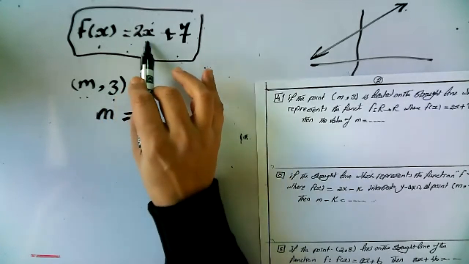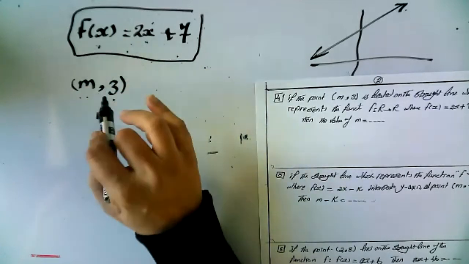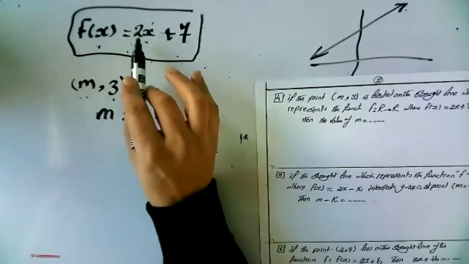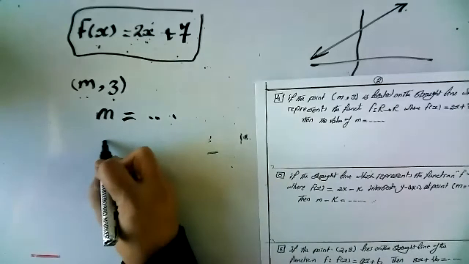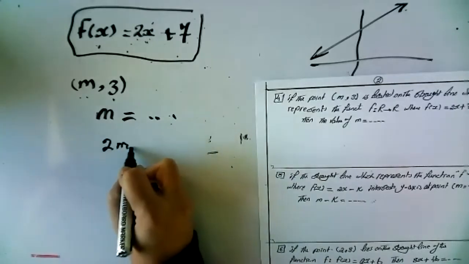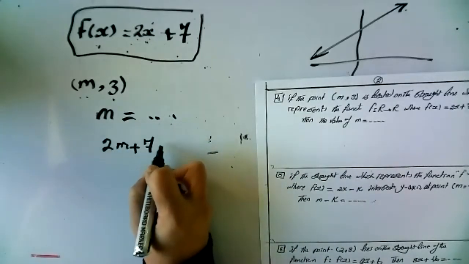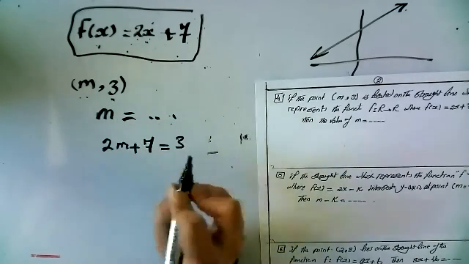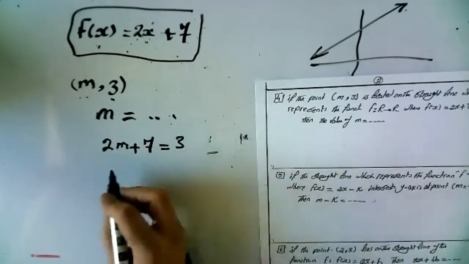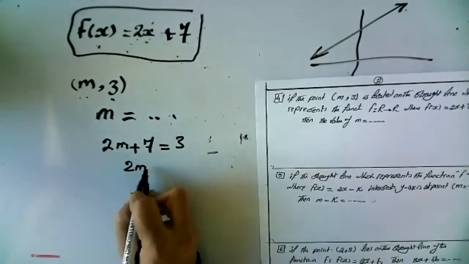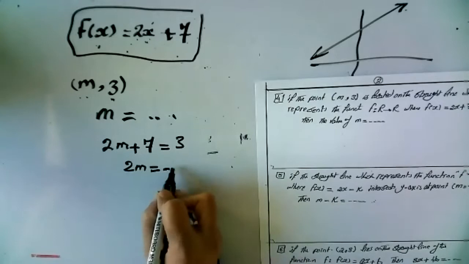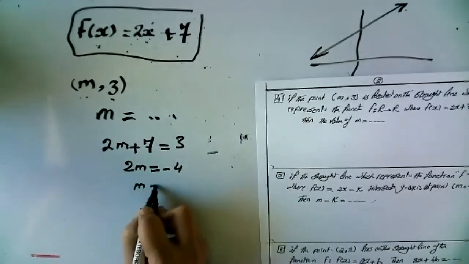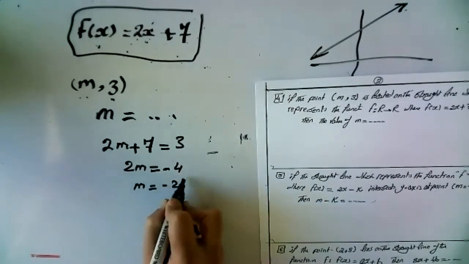Let x equal m, let f of x equal 3. Then 2m plus 7 equals 3. Then 2m equals 3 minus 7, negative 4, divided by 2, then m equals negative 2.